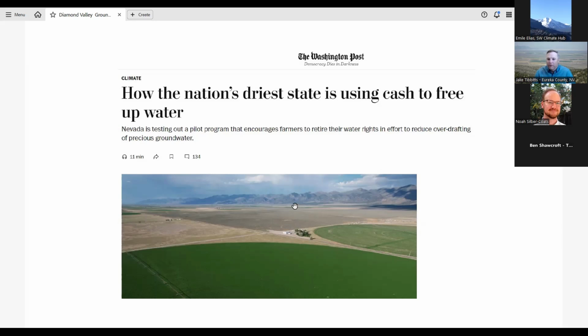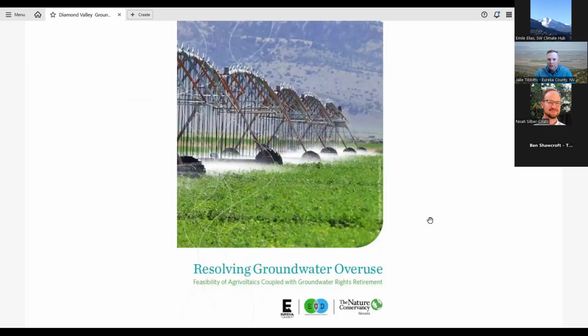But there becomes this question now, well, what do we do with all of these previously irrigated lands? What's the land use we transition these things to? So the Conservation District, Eureka County, and the Nature Conservancy have all come together and are working on a feasibility study that is available online if you just search the title of this report, Resolving Groundwater Overuse.